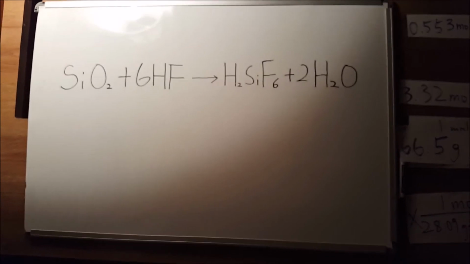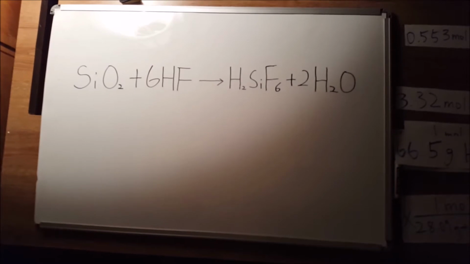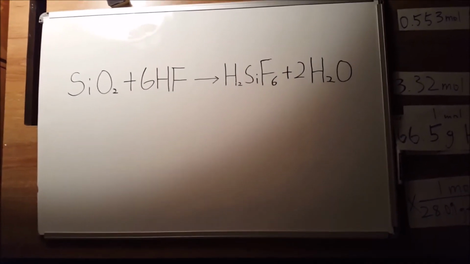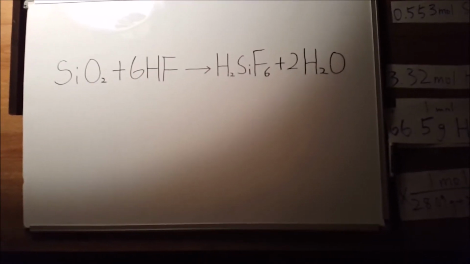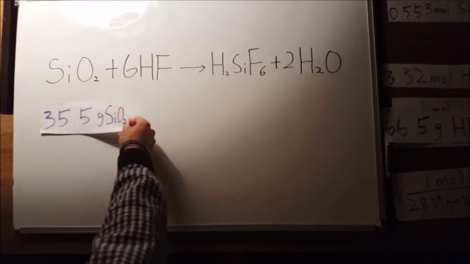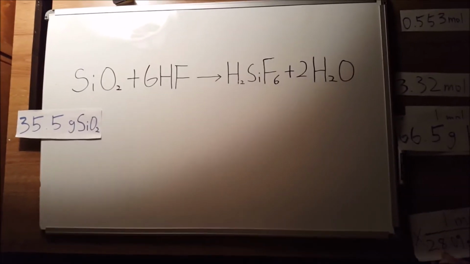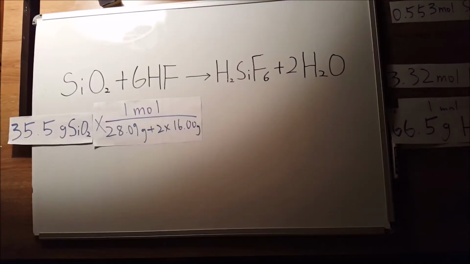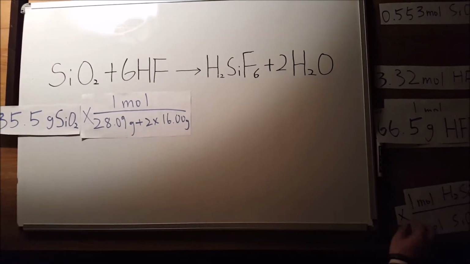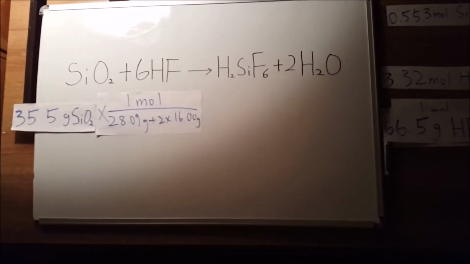So let's actually convert those two masses to the moles of the same product, which let's say is H2SiF6, which is called hexafluorosilicic acid. So we have the mass of silicon dioxide, which is 35.5 grams. We divide by the molar mass of silicon dioxide, and then we will have the moles of silicon dioxide used in the experiment.